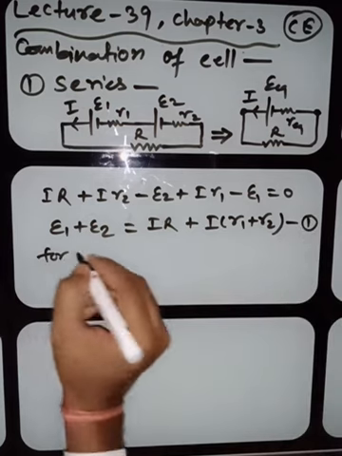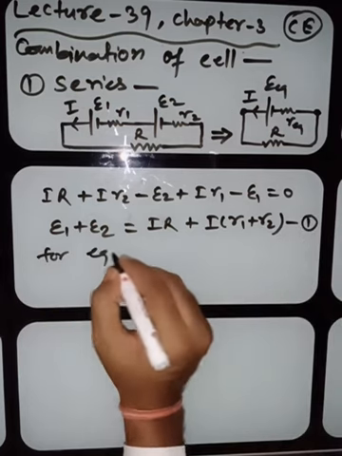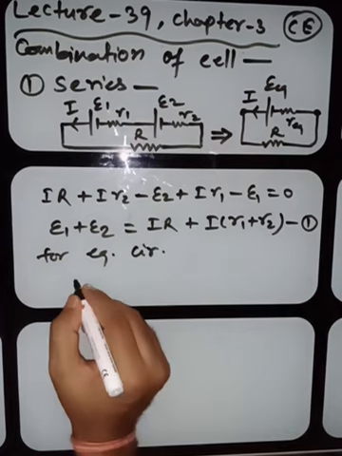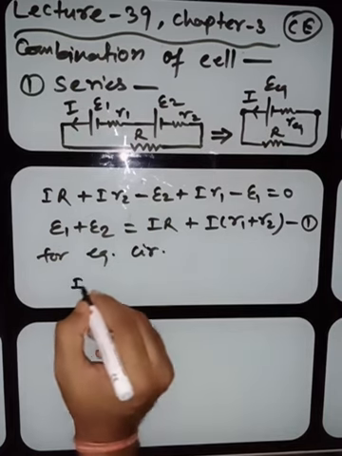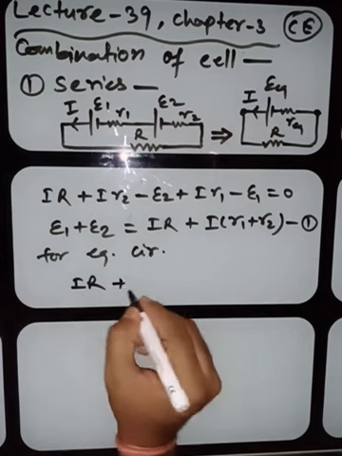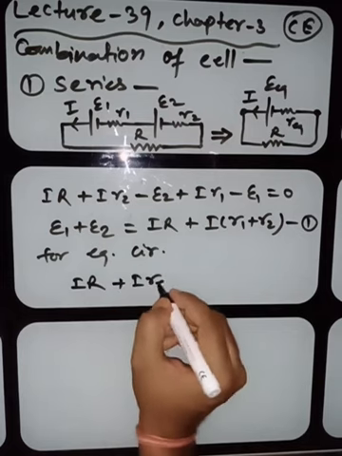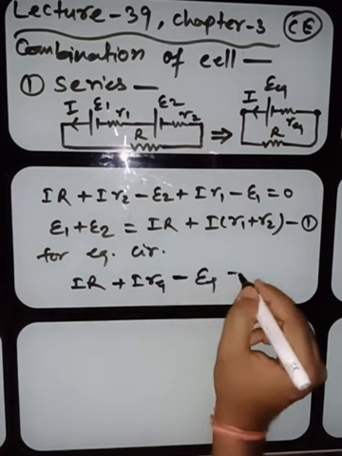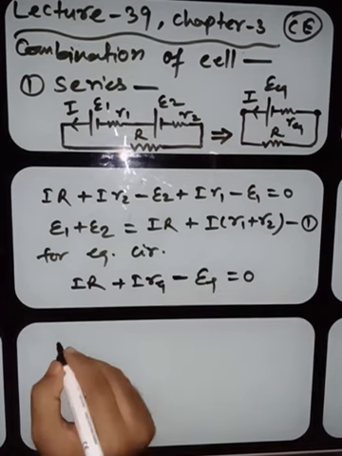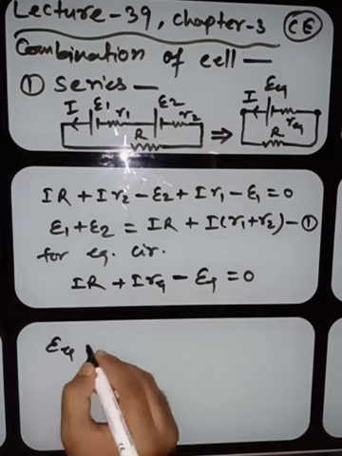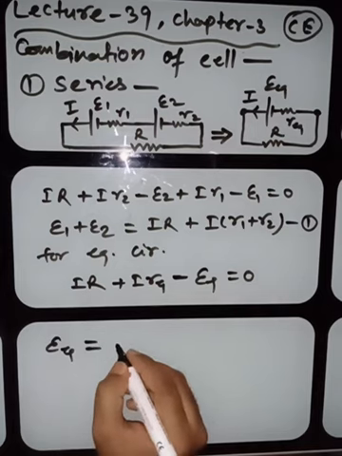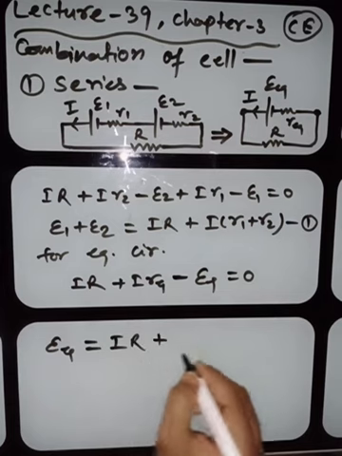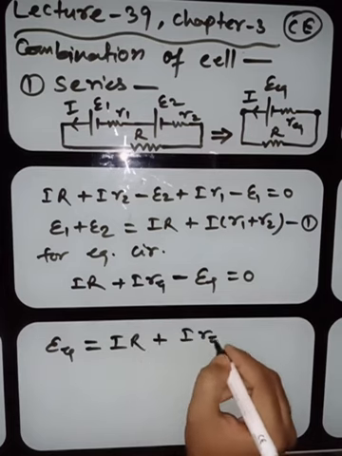Now for the equivalent circuit, look here: I R plus I R equivalent minus E equivalent is equal to 0, or E equivalent is equal to I R plus I R equivalent.